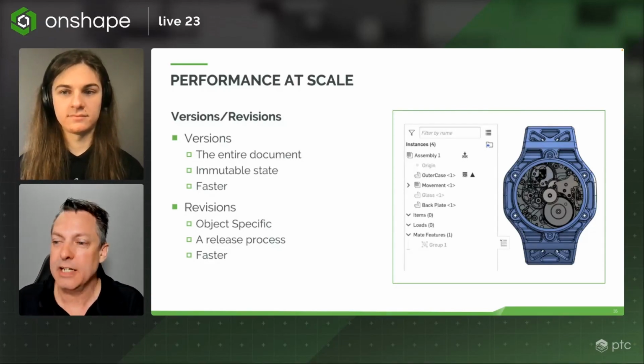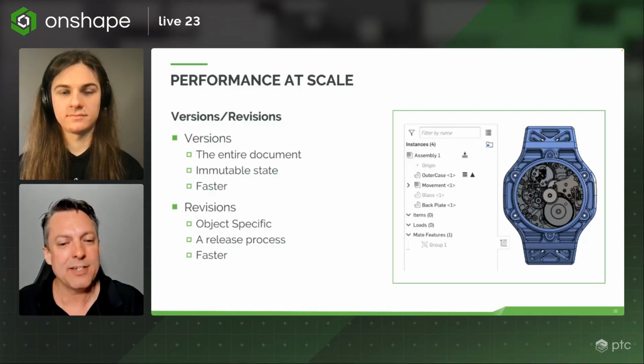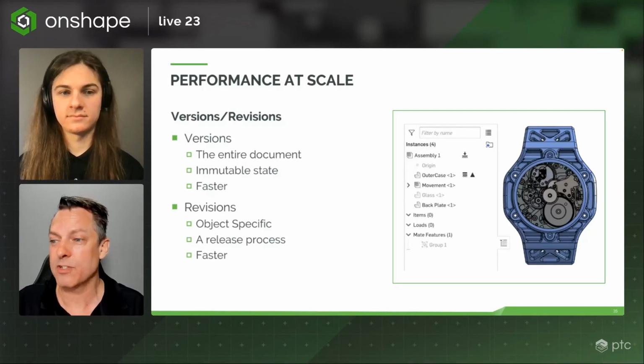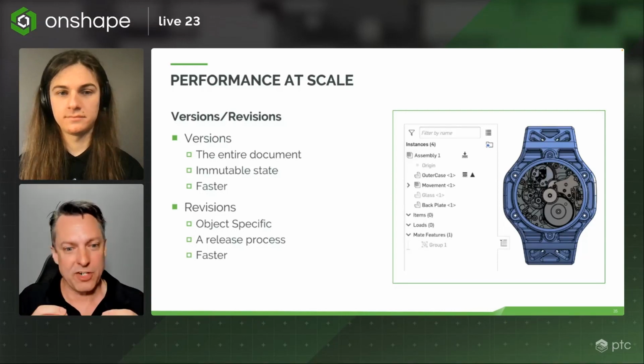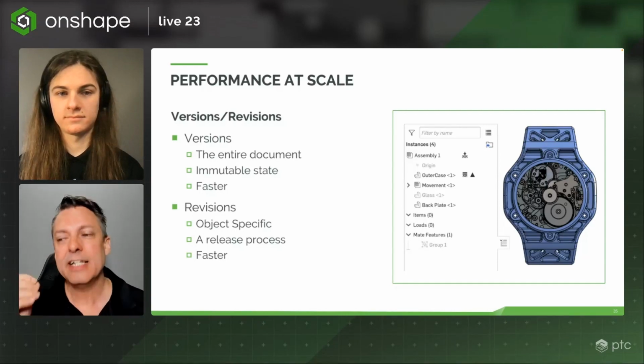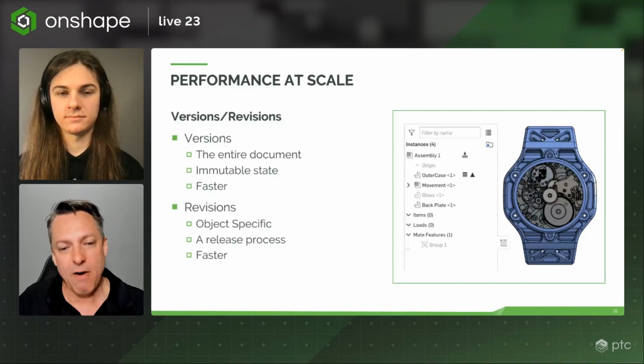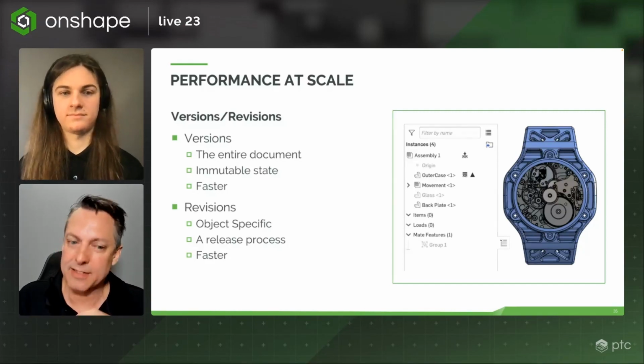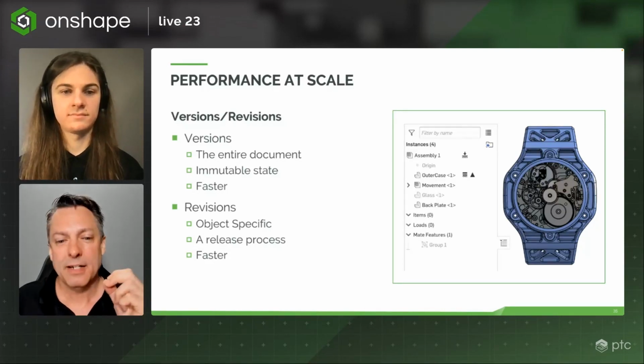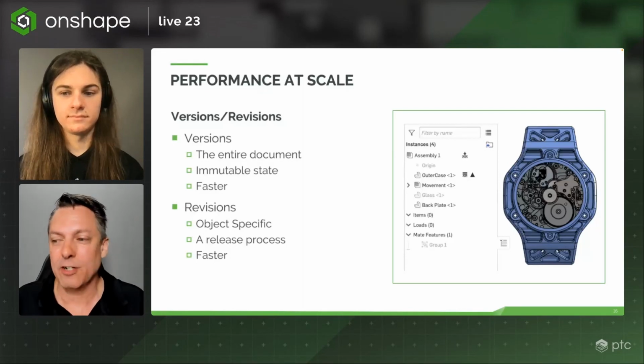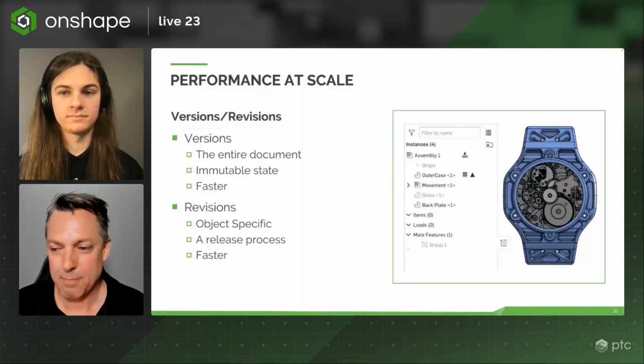Absolutely. Please, please, please, in your drawings, in your assemblies, consider using versions of parts in documents, or even better, a revision. Why is a revision better? It is object specific. It is a part, it's an assembly, it's a drawing, it's a table, whatever. And it has the ability to go through a release process.